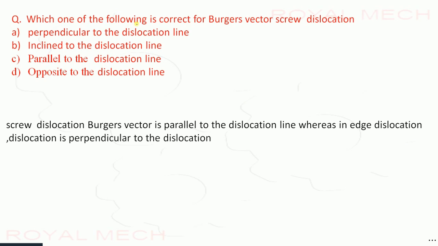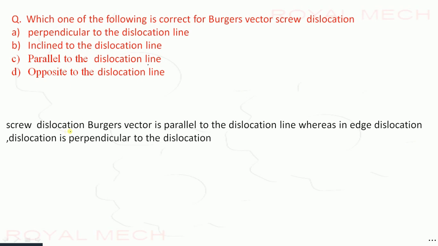Which one of the following is correct for Burger's vector of screw dislocation? That is, Burger's vector of screw dislocation is perpendicular to the dislocation line, inclined to the dislocation line, parallel to the dislocation line, and opposite to the dislocation line.